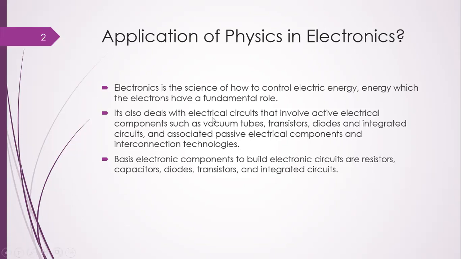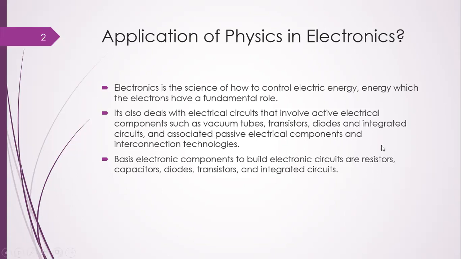It also deals with the electrical circuit that involves active electrical components such as vacuum tubes and transistors. So vacuum tubes we also discussed in the discharge tube experiment and the aspects of the electron gun experiment, all the basic concepts we discussed in our lecture number 9 and 10.